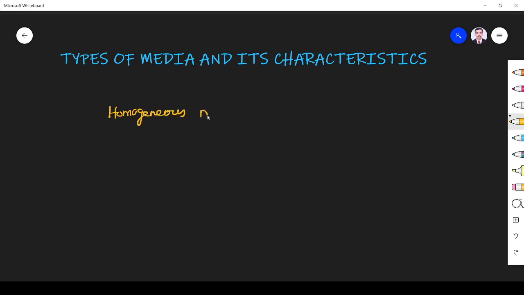Right, so homogeneous medium. What is homogeneous medium? A homogeneous medium is one in which all the media constants epsilon, mu, and sigma are constant. We know that epsilon, mu, sigma are constitutive. We have seen this in constitutive relations. These describe the characteristics of a medium, right?